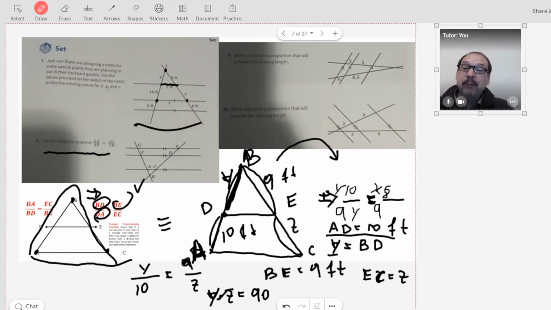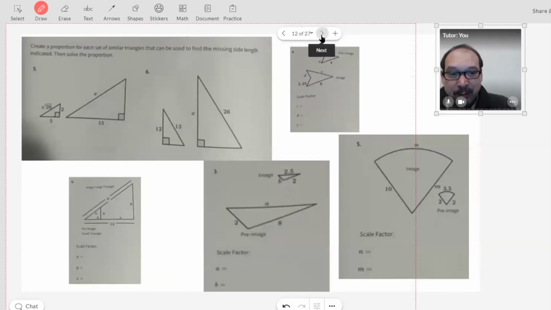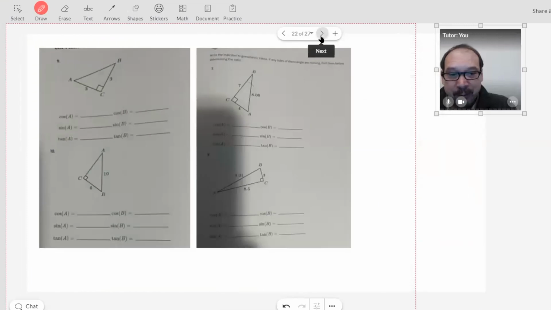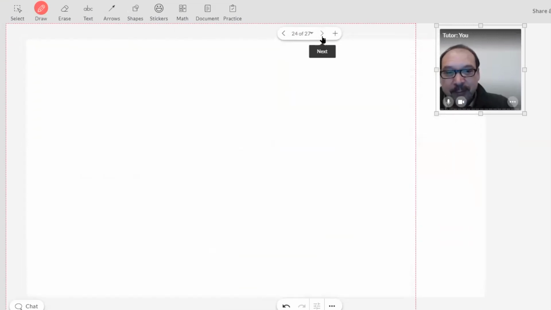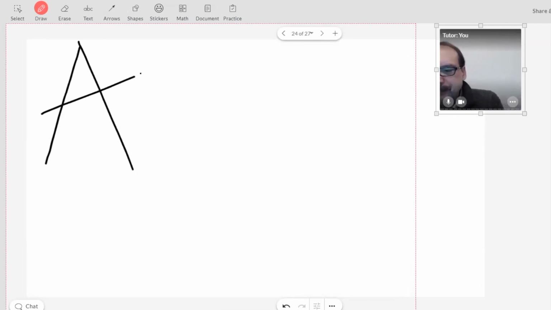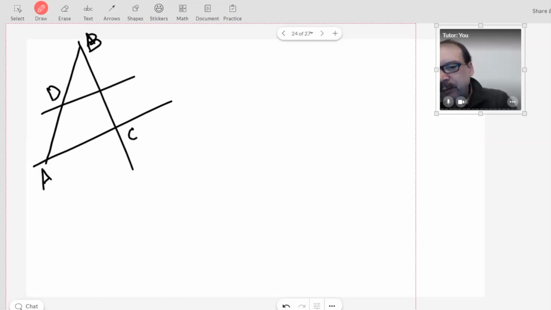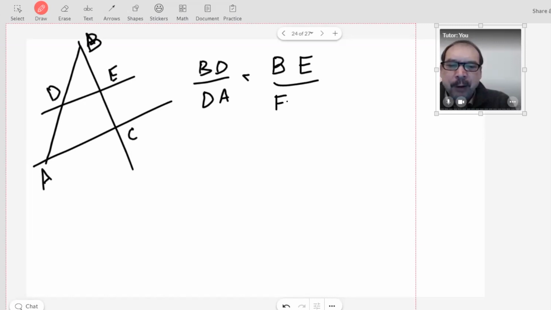But we've got more lines and more triangles. So I have to go back to the theorem. Again, let's do this. The theorem says BD over DA equals BE over EC.